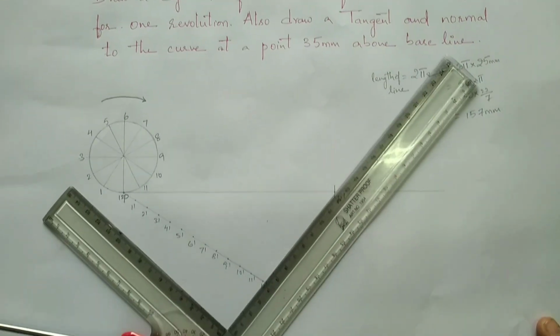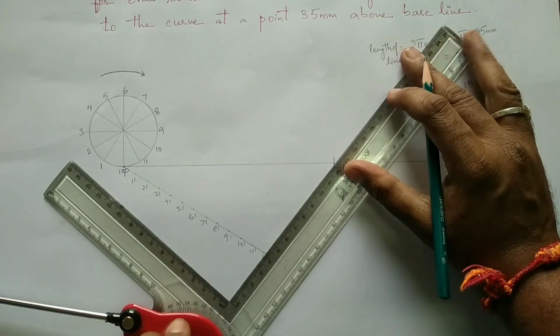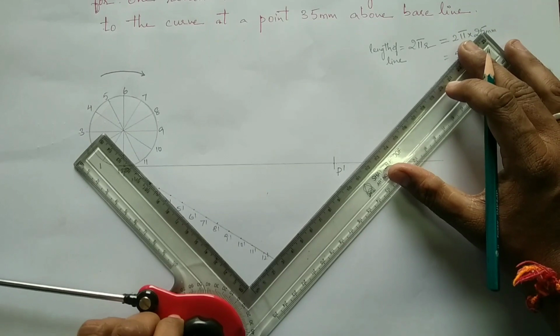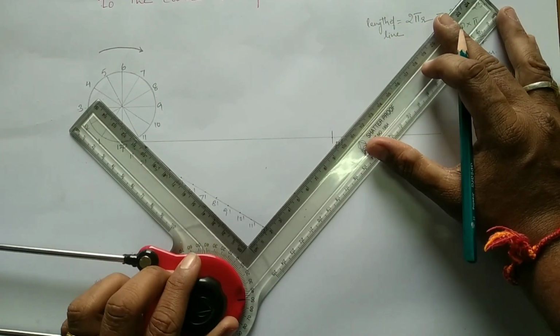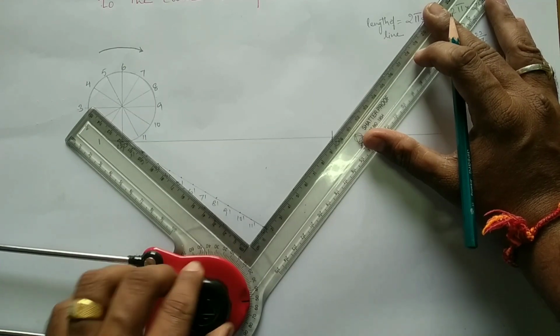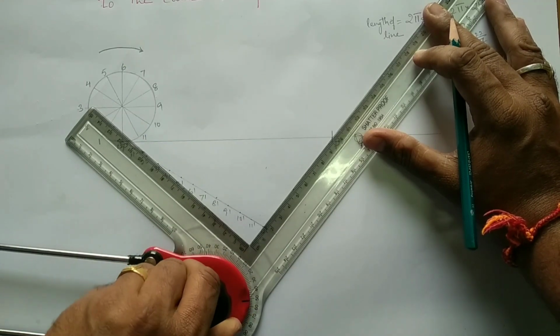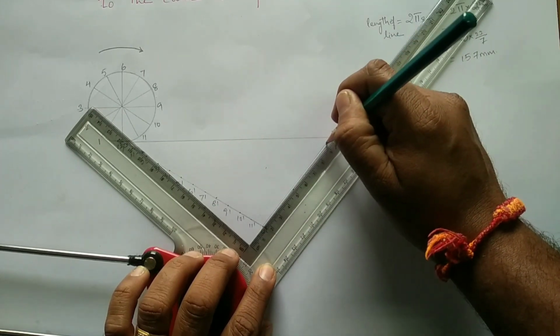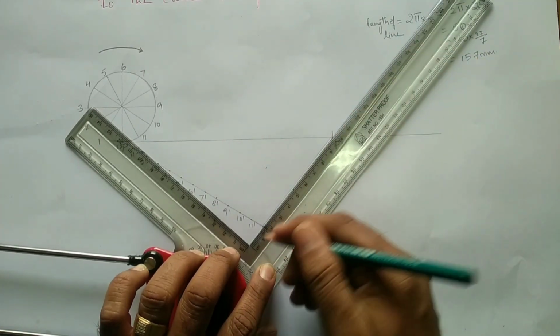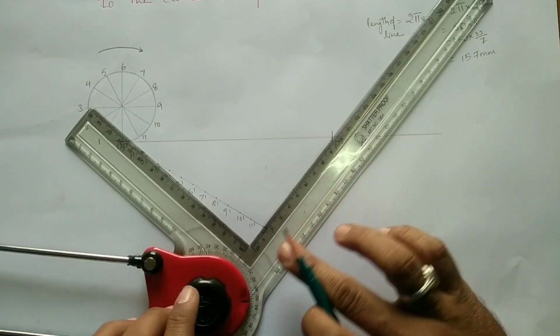Tighten the knob. I am showing it to you here. Just keep them parallel. Joining this point and this point, tighten the knob, and draw the line, joining 12 dash and P dash. Do not disturb this scale.